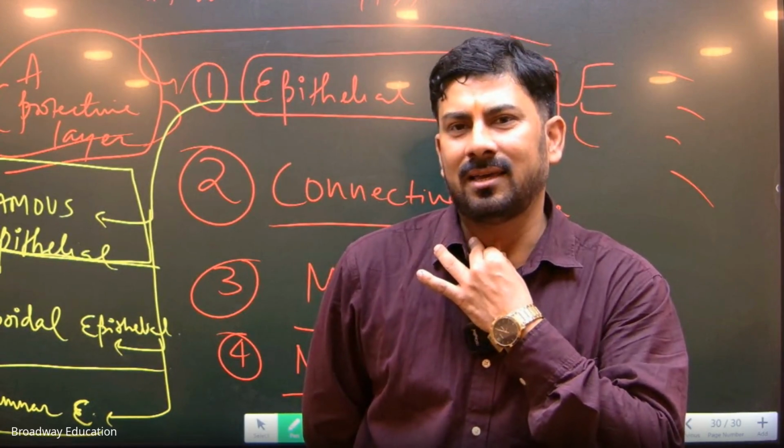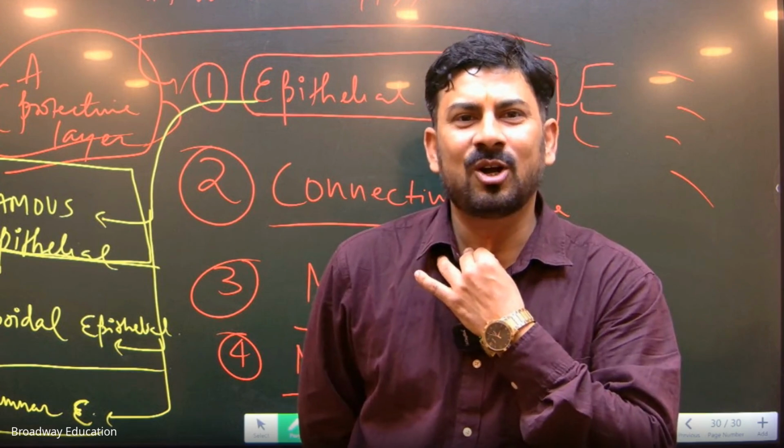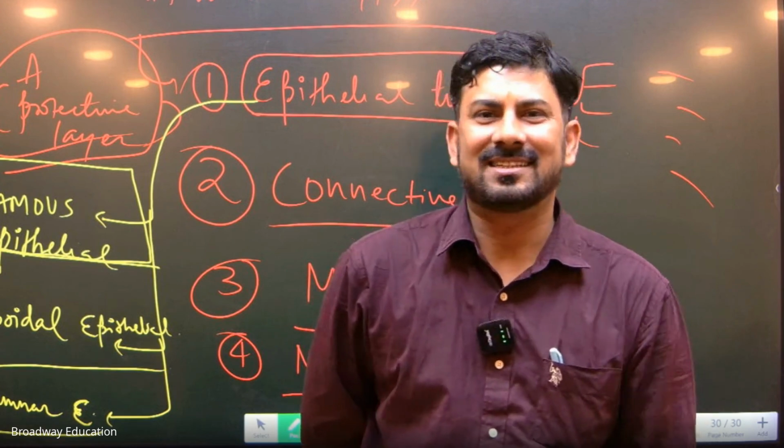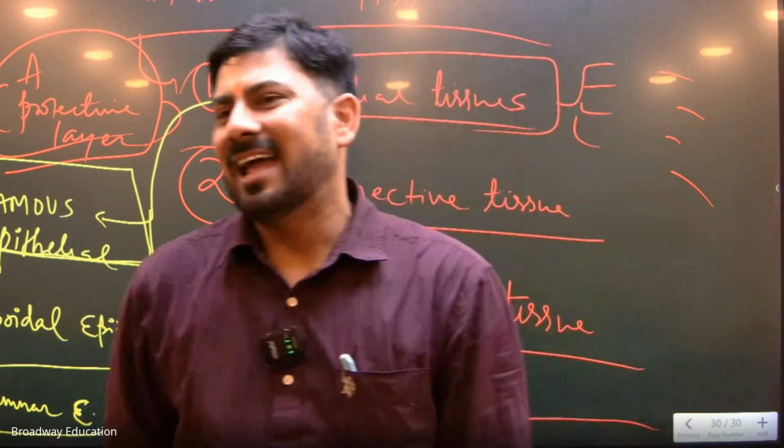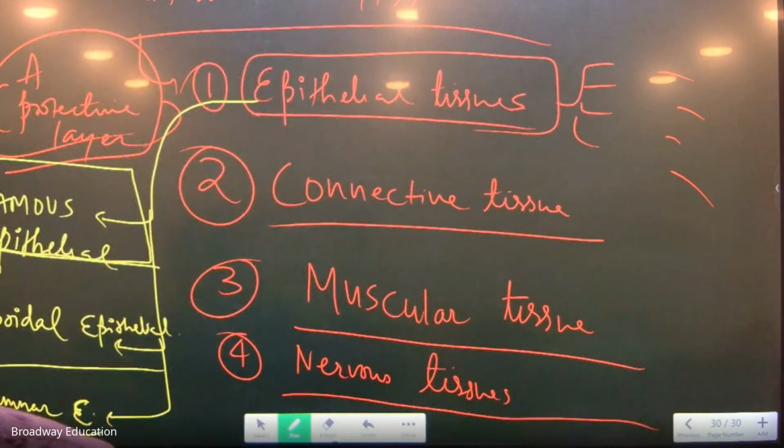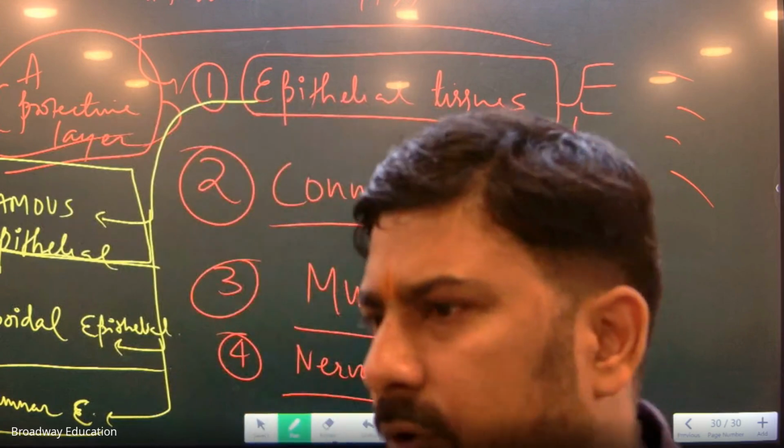We say the lining of the mouth. Lining of the oesophagus, O-E-S-O-P-H-A-G-U-S. In biology you have to adjust; you cannot fill the name wrongly. It is found in the lining of the mouth, oesophagus, and the skin. The skin, very important.